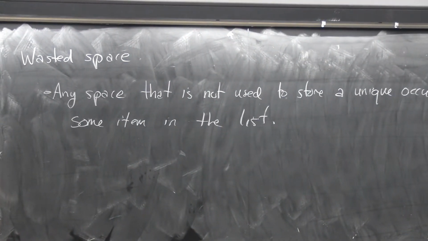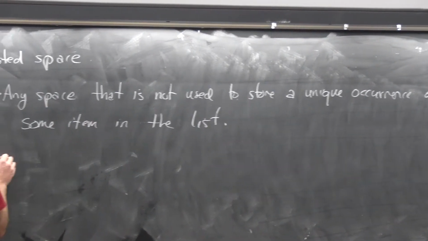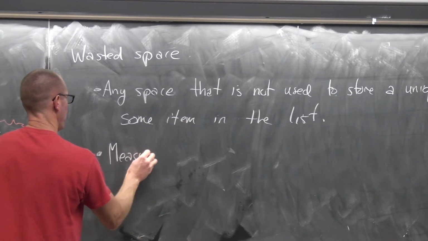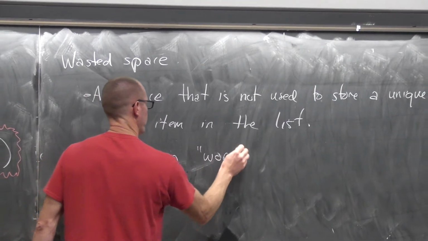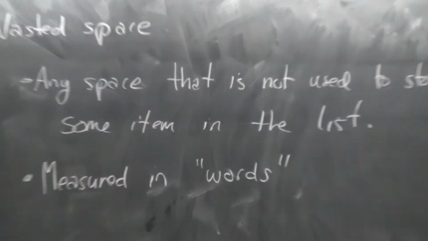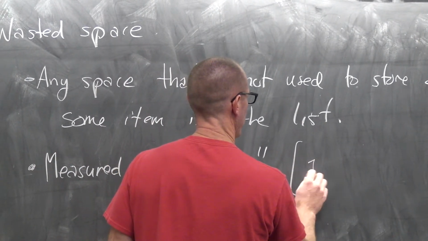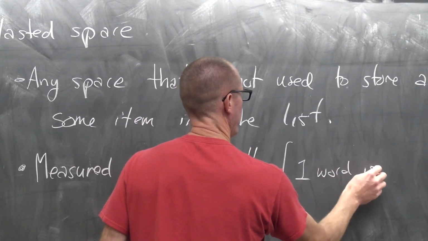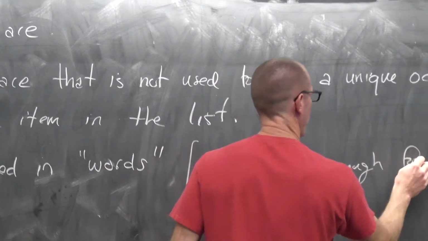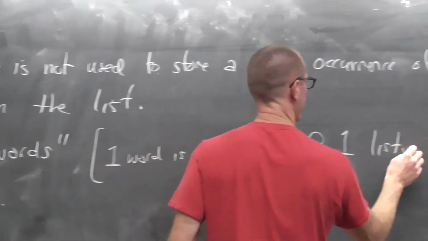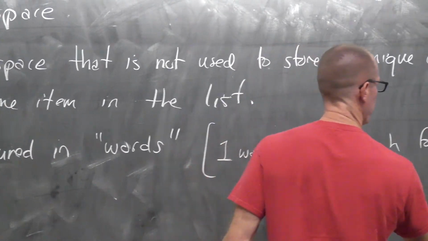Now, we need a unit of measurement, and we'll say that that is measured in words. And what's a word? Let's say 1 word is big enough for 1 list item, or 1 pointer.